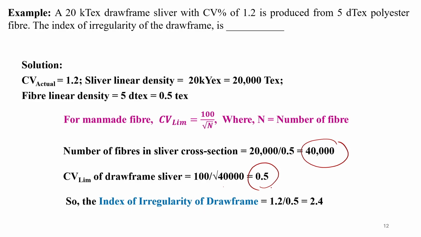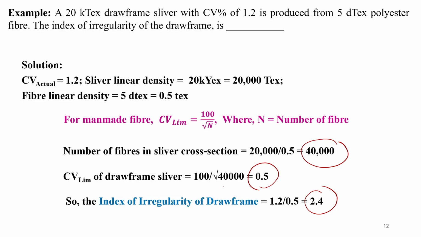So, the index of irregularity of the draw frame we can calculate as 1.2 divided by 0.5, 2.4. Now, we can compare with another machine, so in that case the performance can be compared. So, this is the limit index of irregularity 2.4.